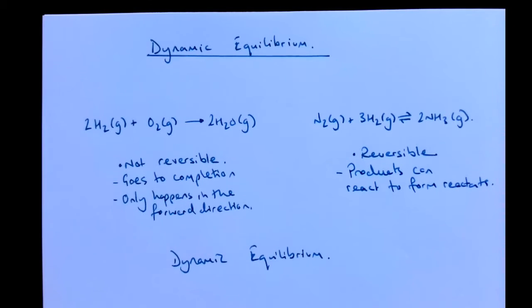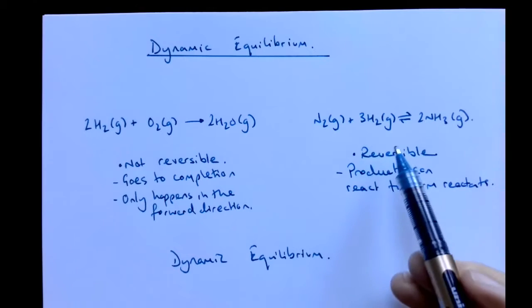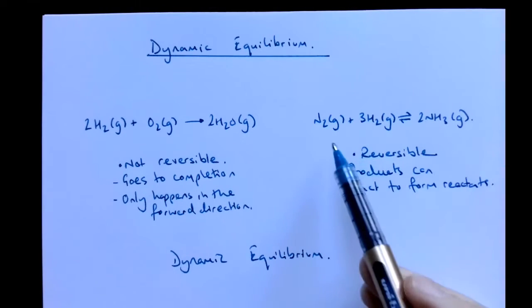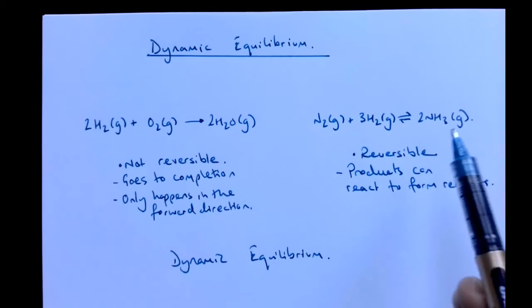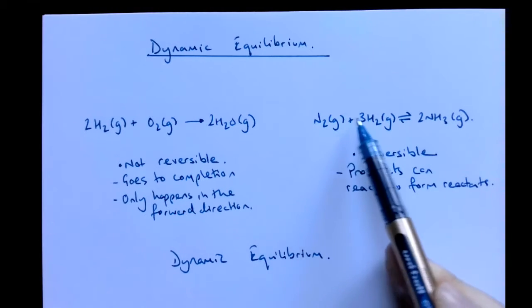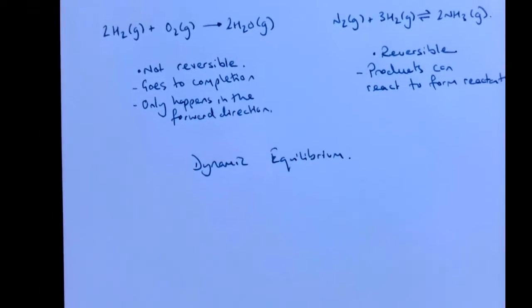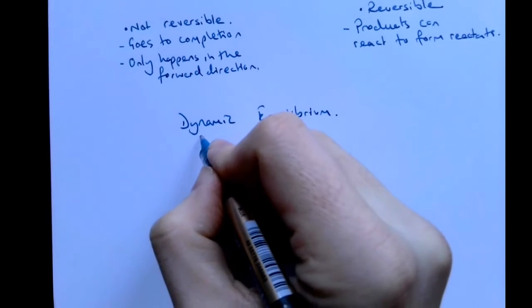That's what we're talking about. I don't want you saying things like, "Oh, reversible reactions are reactions that can be undone." That's not the way to think about it. It's that the reactants can react together to form the products, and also the products can react together to form the reactants.